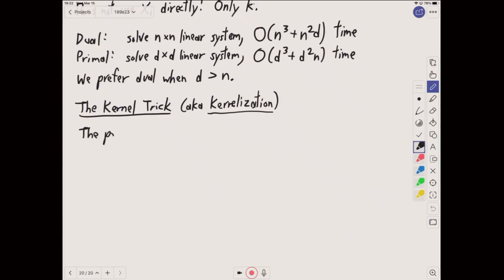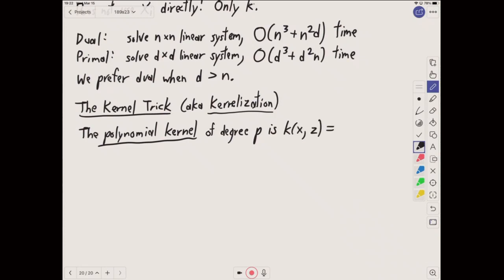Here's the magic that does that. We're going to replace our kernel function with a different kernel function, polynomial kernel. Suppose you want degree p polynomials. Well, then you use the following kernel.